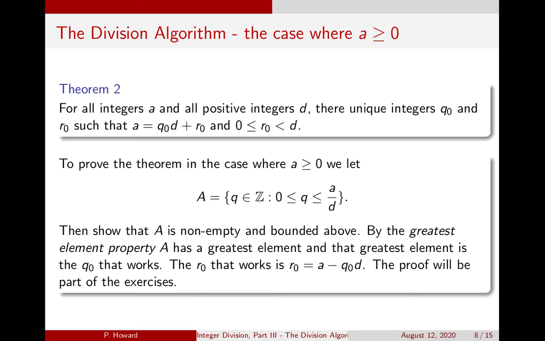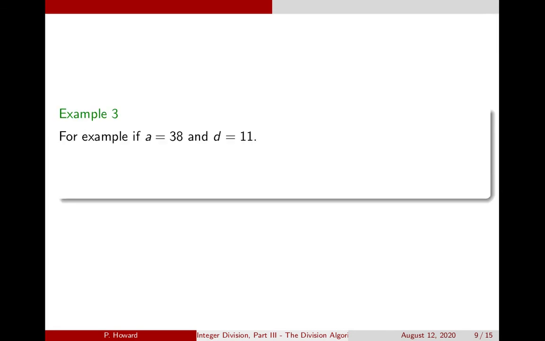in the exercises. So here's an example that illustrates how the proof of the theorem would go in a specific case. If A is 38 and D is 11, we've already looked at this example. We got a quotient of 3 and a remainder of 5 when we divided.